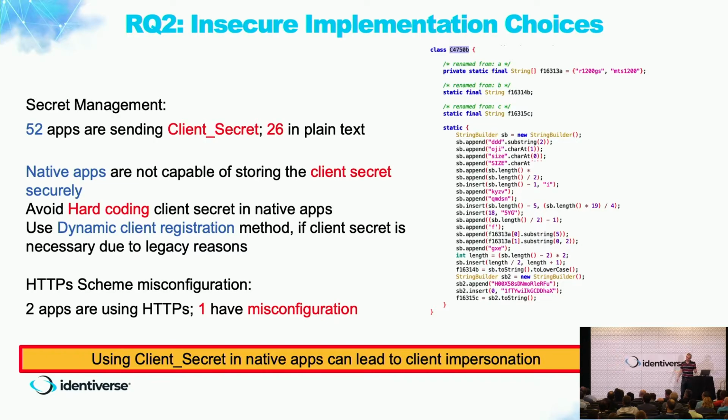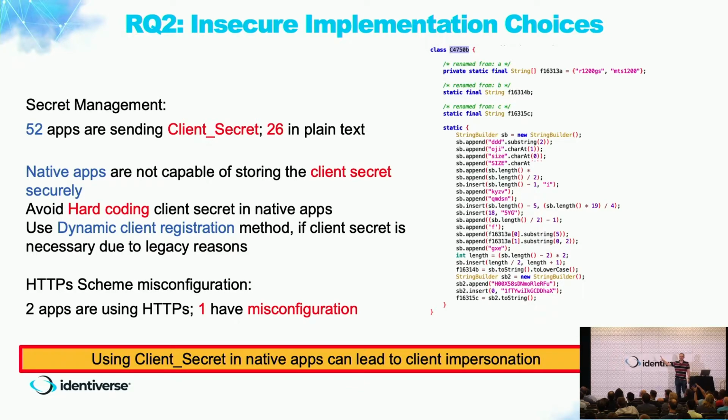Breaking that down into a bit more detail, there were 52 apps that were sending a client secret, 26 of which had them in plain text. The little bit of code you can see on the right-hand side, which I appreciate might be a bit small for the people at the back, is just the result of decompiling an Android app. And if your eyesight is good, you can see that the client secret is just there.